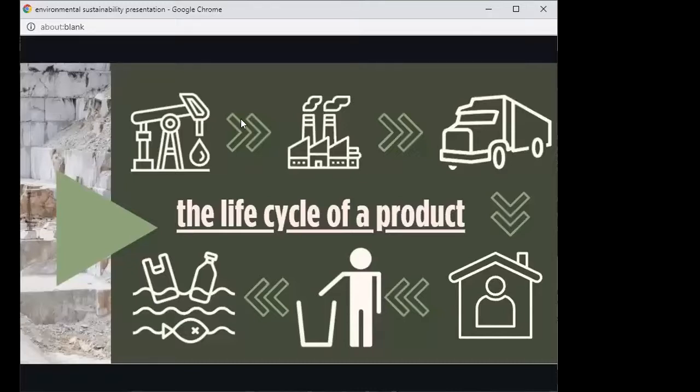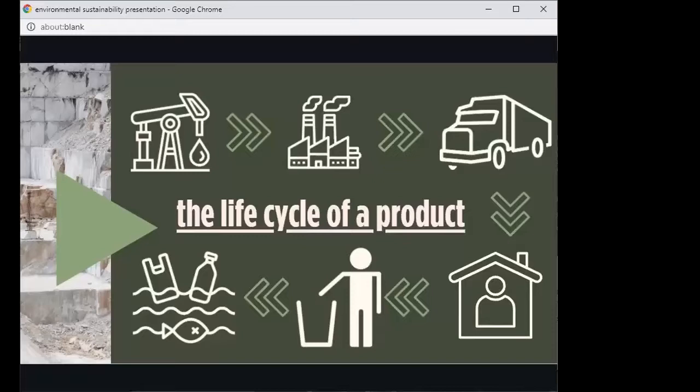Starting at the beginning, and I hope you guys can see my cursor, for any product, first resources have to be extracted. Whether it's going to be food, wood, metal, plastic, all of the products are going to require some kind of raw material that has to be created or extracted from the earth.